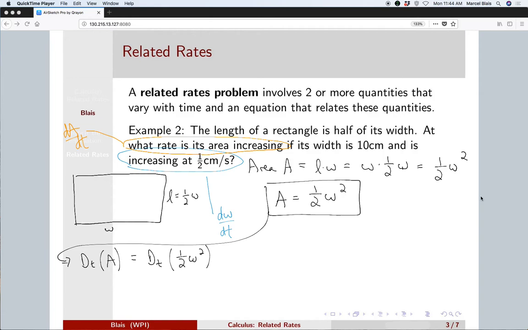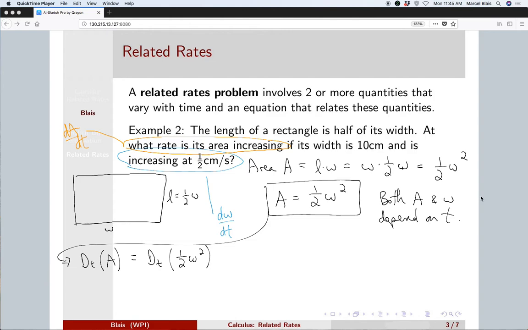And the idea here is that both A and w depend on t. So remember, we start the clock and this rectangle is growing in time. Since both A and w depend on t, we can do this implicit differentiation on both sides here.